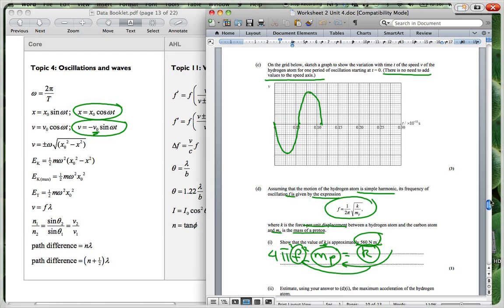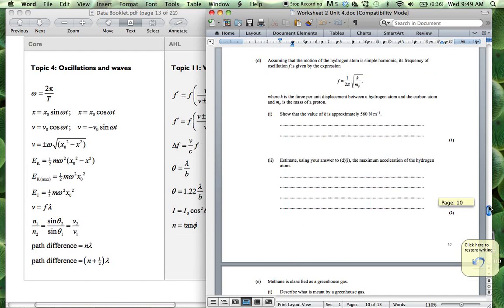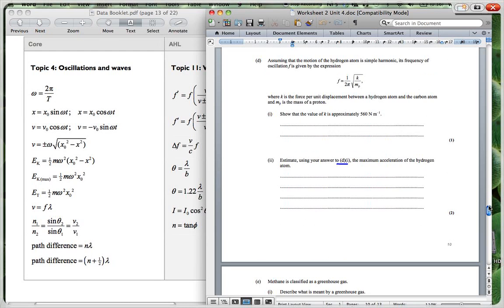Alright, and then going down here, it says, estimate using your answer in D1 the maximum acceleration of the hydrogen atom.